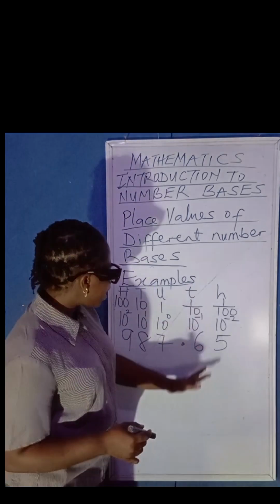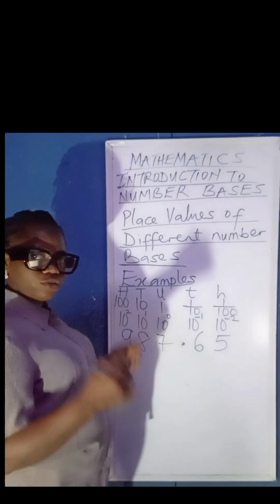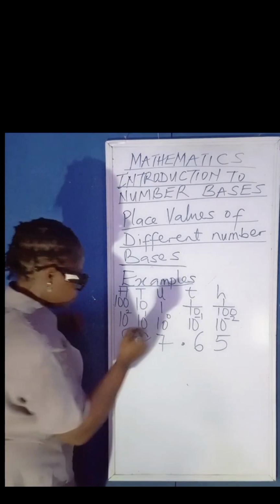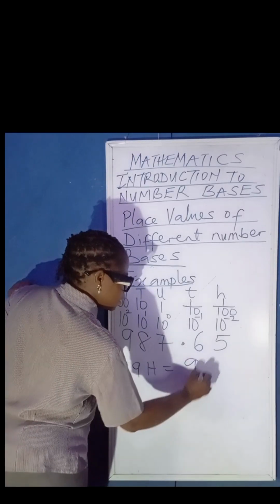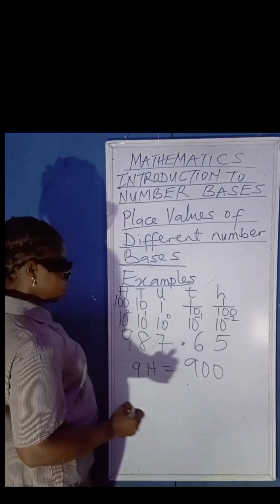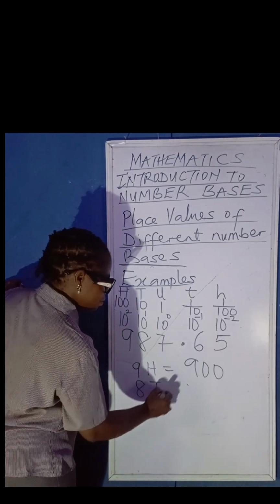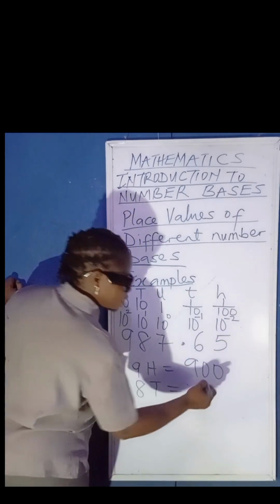If we have to expand this number using their place value, let us do that. This is 900. This is 8 tenths, which means 8 times 10, which is 80.